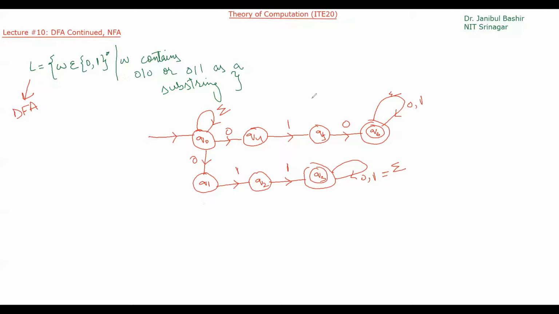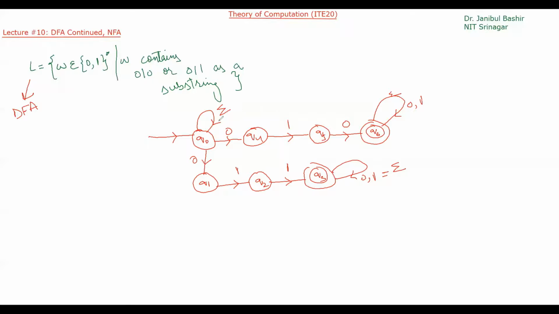So designing an NFA is a quite easy procedure. You can very easily design an NFA for any language. Not for all the languages. It is not possible to design an NFA for all the languages, but for those languages for which we can design an NFA, you can easily design it. Okay, so this particular finite automata is an NFA for this particular language.